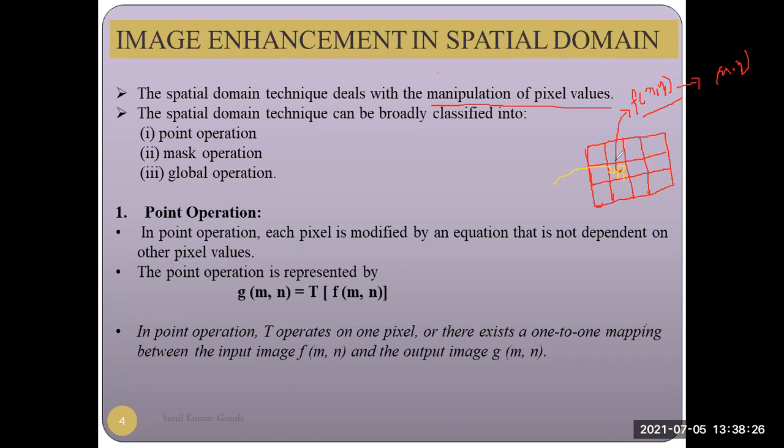Then I am performing an image enhancement technique on the pixel P1. So whatever image transformation technique or algorithm we use in the spatial domain, we will implement it on the pixel values.